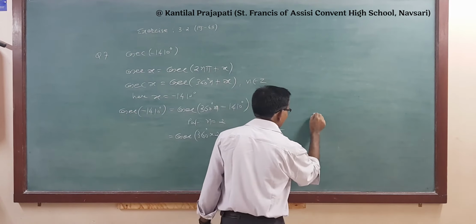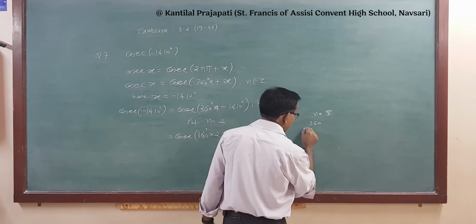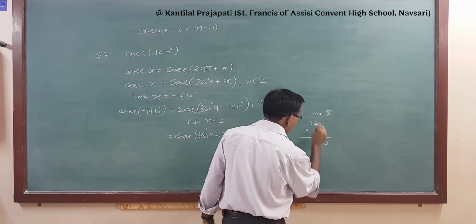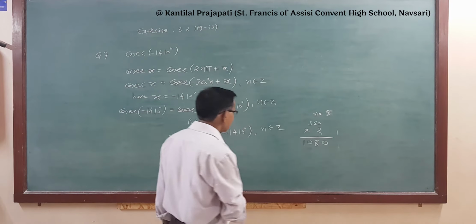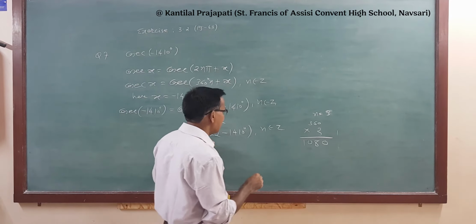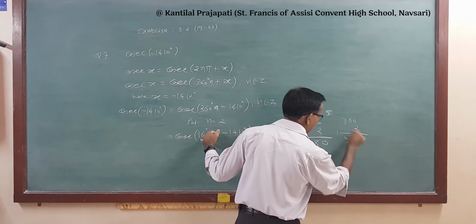We can write n is equal to 3 also. We take n is equal to 3, then what is 360 into 3? 1080. 360 into 2 is 720.